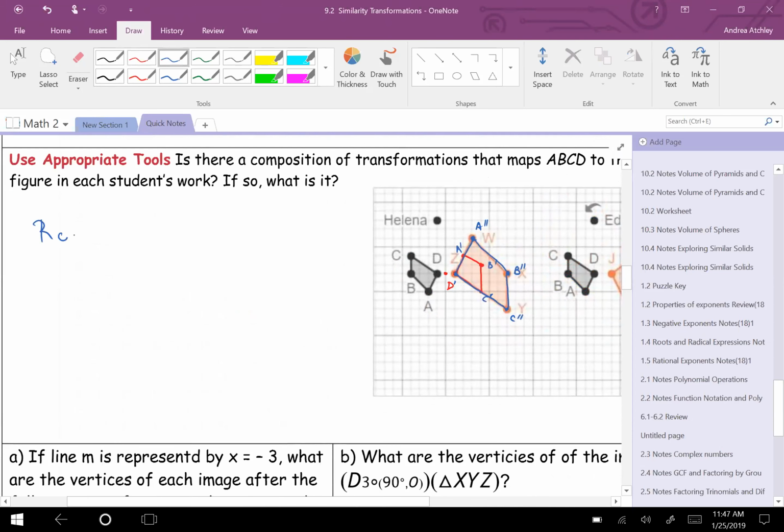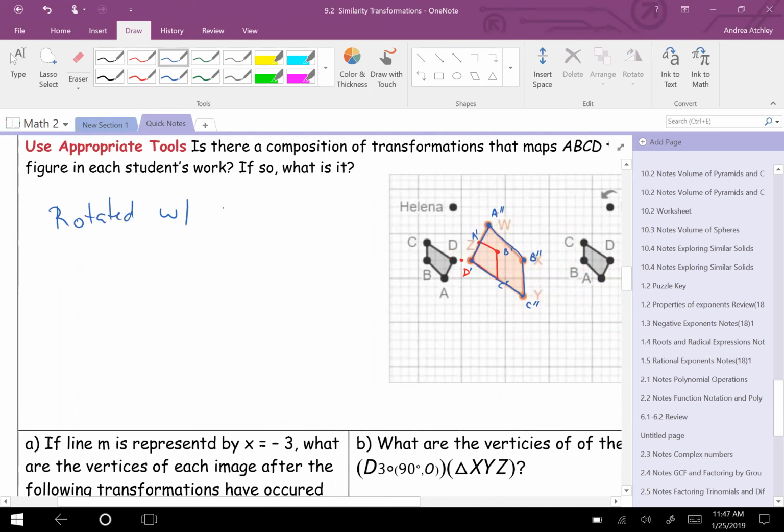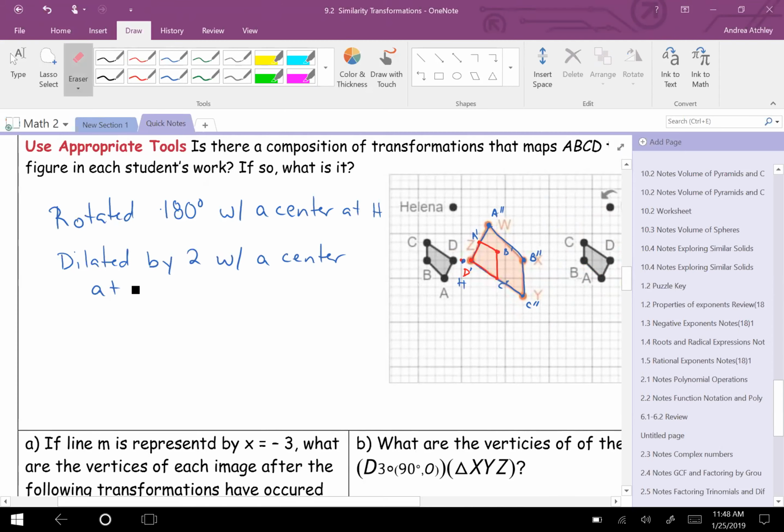So we rotated 180 degrees with a center at whatever you want to label that to be, H, I think we said, at H. And dilated by 2 with a center at Z. No, not G. In this case, it would have been D prime.